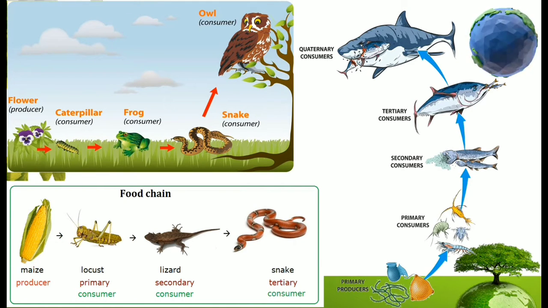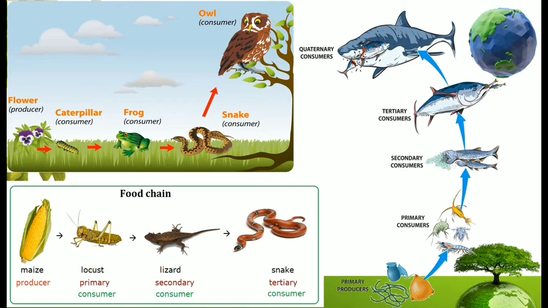Same thing happens underwater also. You have living organisms underwater as well, and they also have a food chain. So the producers are small tiny plants and organisms which are capable of producing energy by themselves because they possess chlorophyll in them.